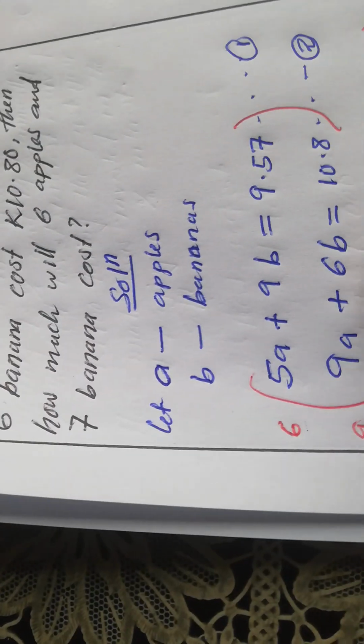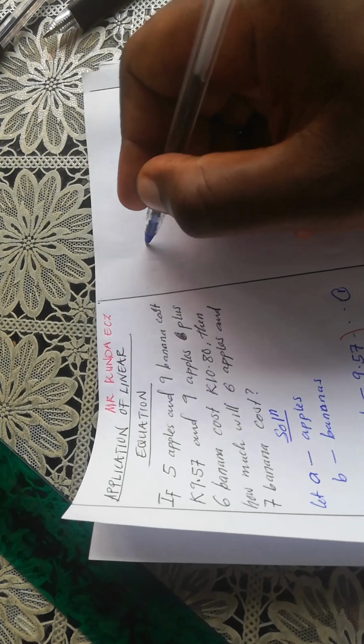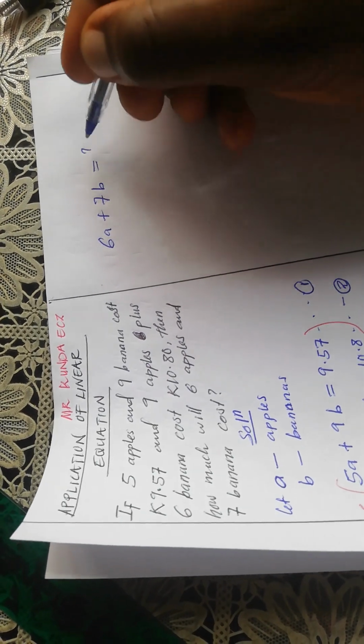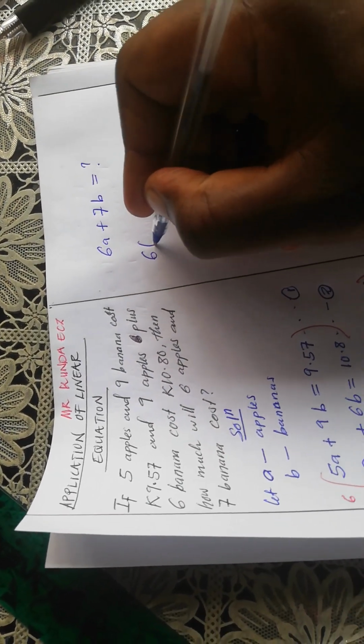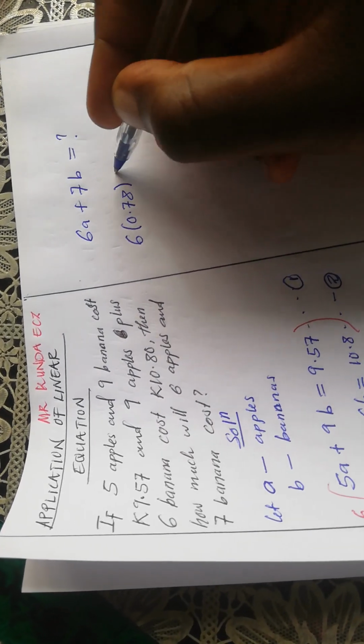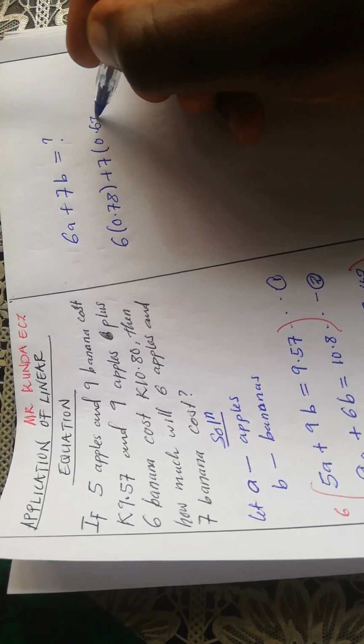Now, are we done answering the question? No, because the question is saying, how much will 6 apples and 7 bananas cost? So we are supposed to do this mathematics here. This one we don't know, but we know the value of one apple. One apple is costing 78 ngwe, and one banana is costing 63 ngwe, which is 0.63.